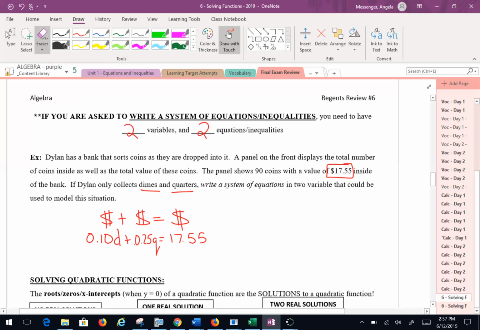How would we write it if it was a nickel? Is it 0.5 or 0.05? 0.05. 0.5 is 50 cents, okay? Okay, how many equations have I written? One. I need two.